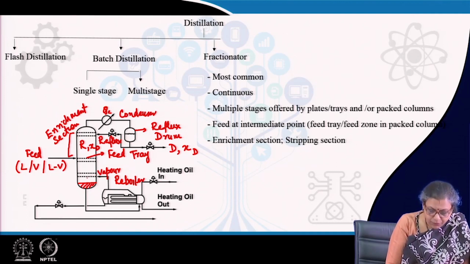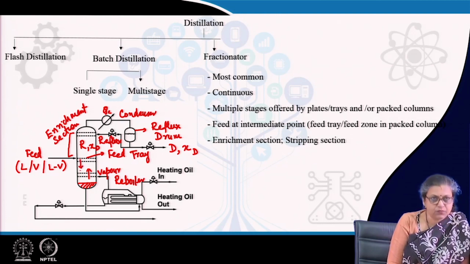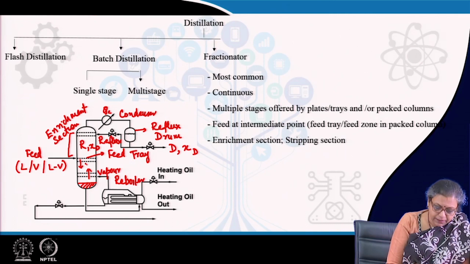So, this vapor rises up and meets the liquid which is falling down. During this counter-current flow, there is again mass transfer between the vapor and the liquid, and as a result more volatile components move from the liquid to the vapor phase. Less volatile components move from the vapor to the liquid phase.